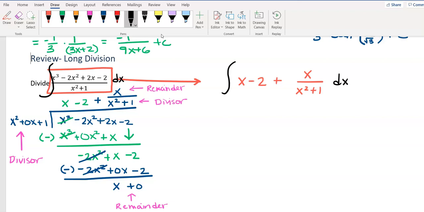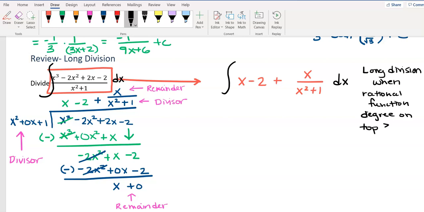So using long division, the key on that is you want to use long division when your rational function has a degree on top greater than or equal to the degree on the bottom.